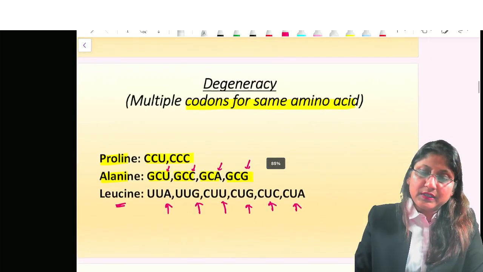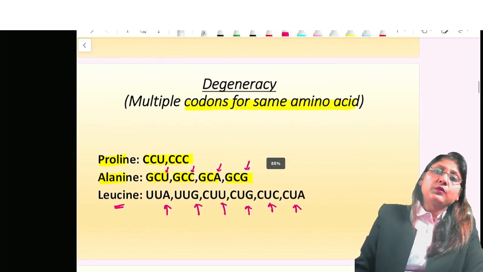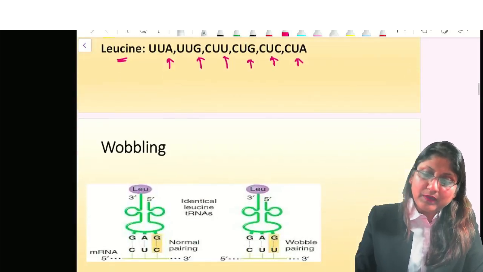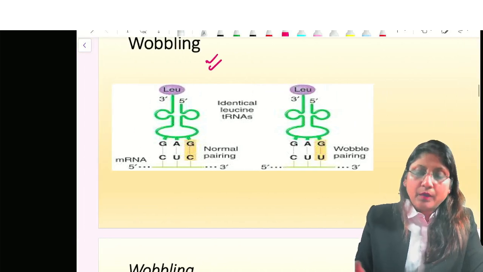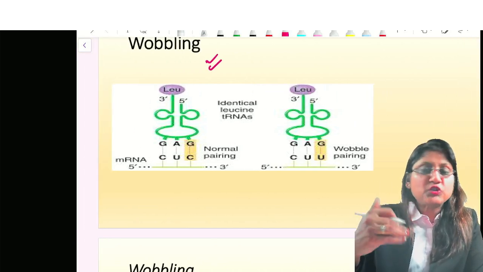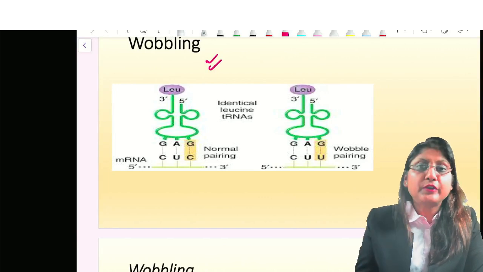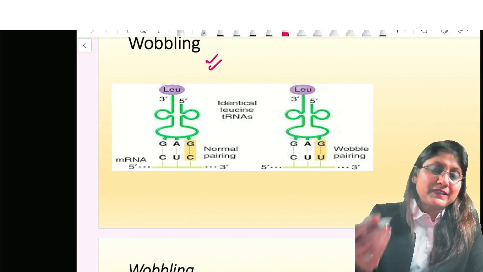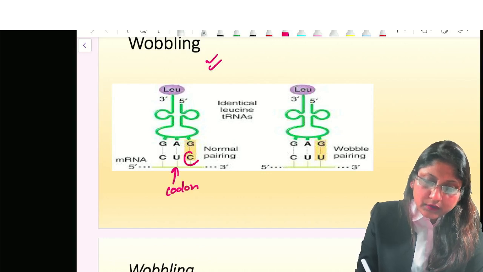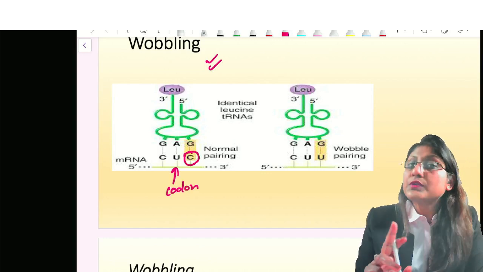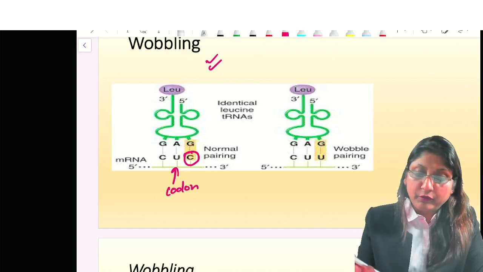So this is multiple codons for the same amino acid, and this can be explained by a process called wobbling. So what is wobbling? Whenever there is a pairing of messenger RNA and the transfer RNA during the translation process, scientists have told that this is the codon on the messenger RNA. At the third nucleotide, there is no strict base pairing being followed.